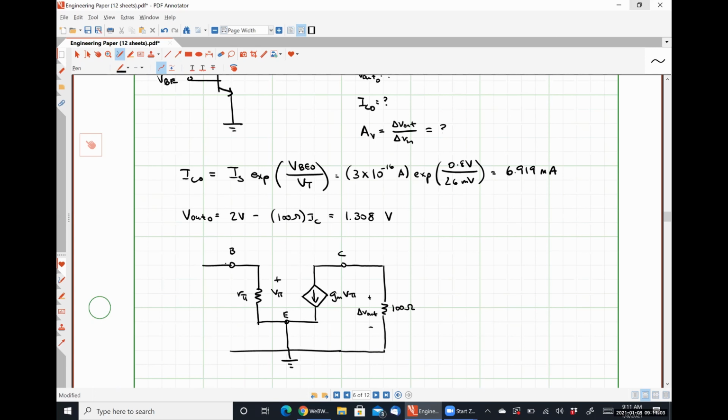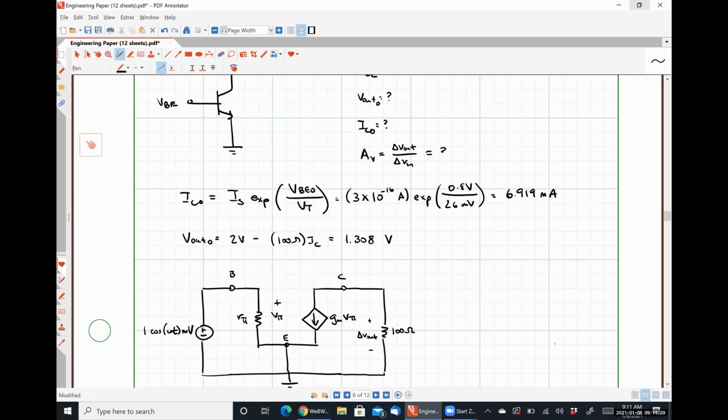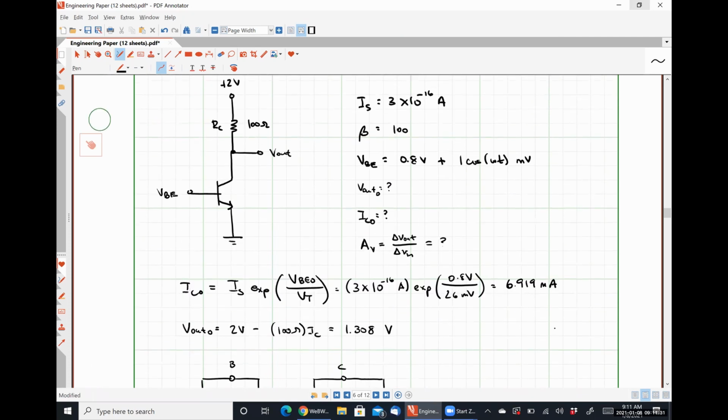And over here, I have 1 cosine omega t millivolts. Can any of you tell me why that 100 ohm resistor is connected between the collector and ground? Only for the small signal model.